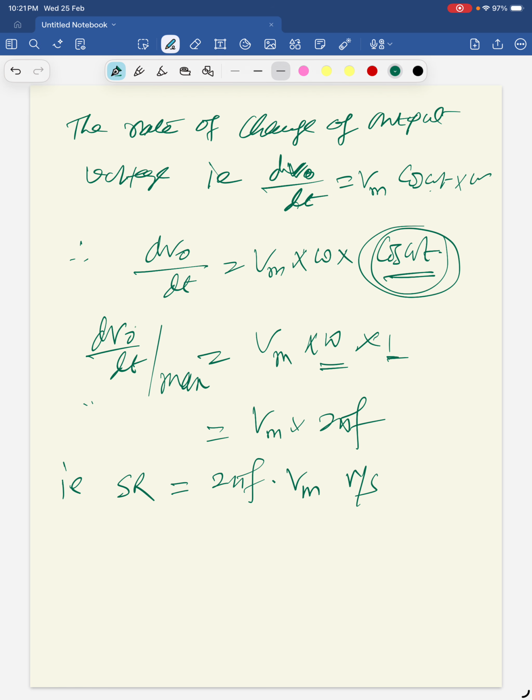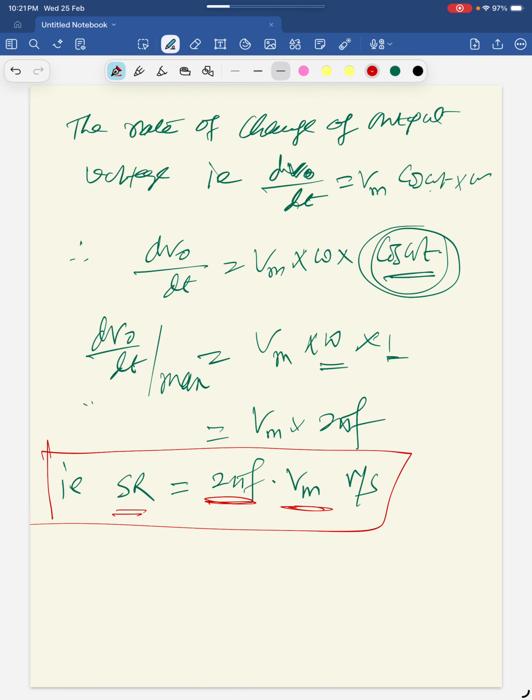Because dV0/dt is the rate of change of voltage, the voltage change by time, so volt per second. So this is a very important expression. Slew rate is equal to twice pi f into peak voltage. That is one more formula you please remember, my dear student.